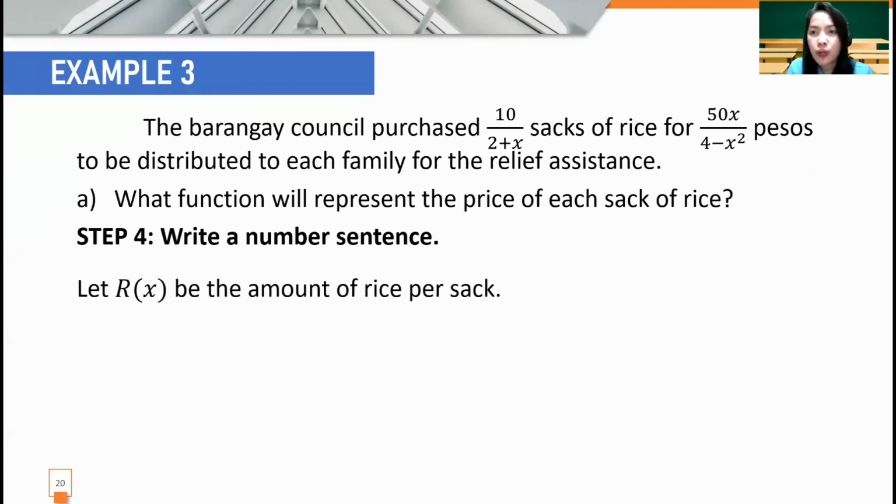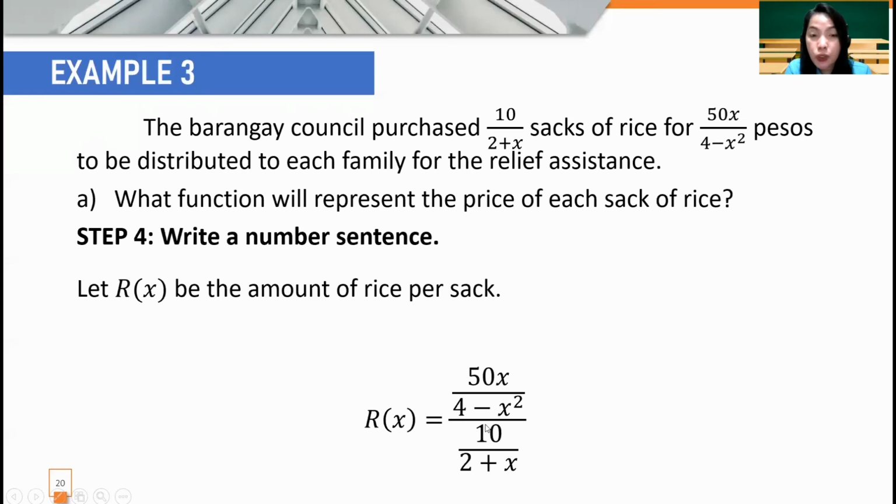We have to identify the function notation or represent the given problem using function notation. Let R of X be the amount of rice per sack. So, ito yung ginamit natin na function notation. Pwede ka din gumamit ng ibang variables na ipapalit mo dito sa R.